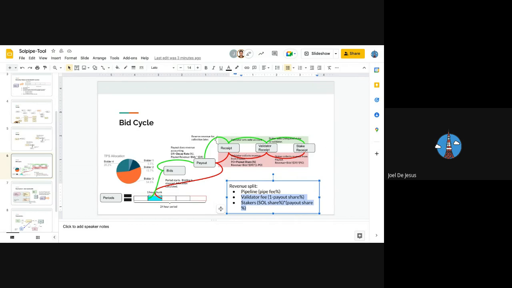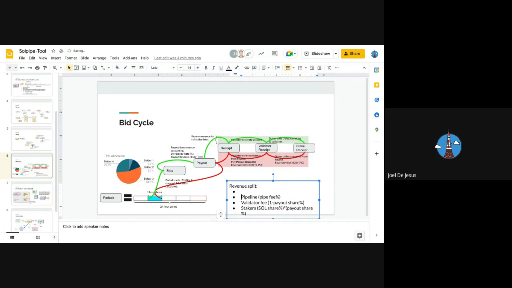The validator will just present their receipt account to the payout account, and the payout account will say, well, you have this much money left. Here is your USDC. Then once the validators have pulled out their money, the rest of the fees, the pipeline fees, go to the pipeline account, which is run by somebody. They get their cut.